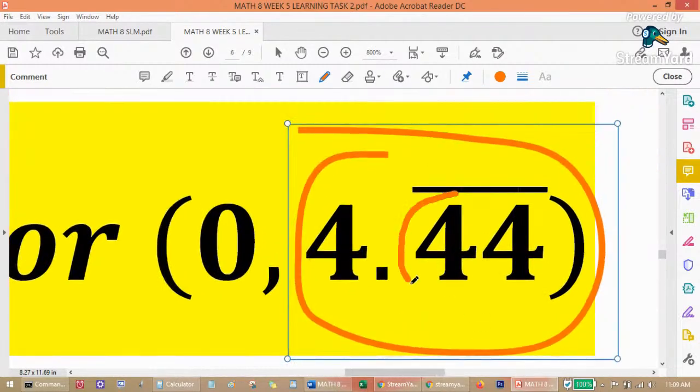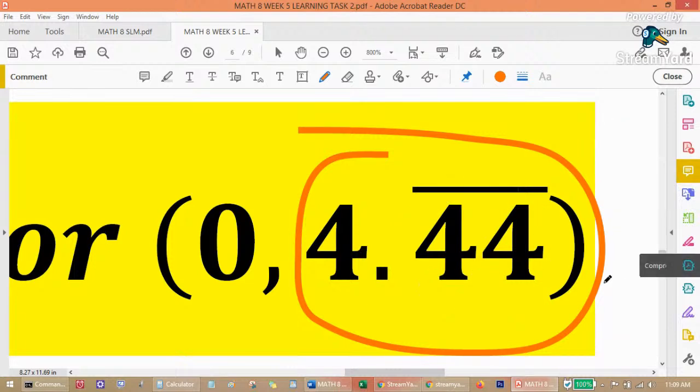So kapag yung decimal point is walang katapusan na puro 4, pwede nating isulat yung isang number and maglalagay lang tayo ng bar sa taas.